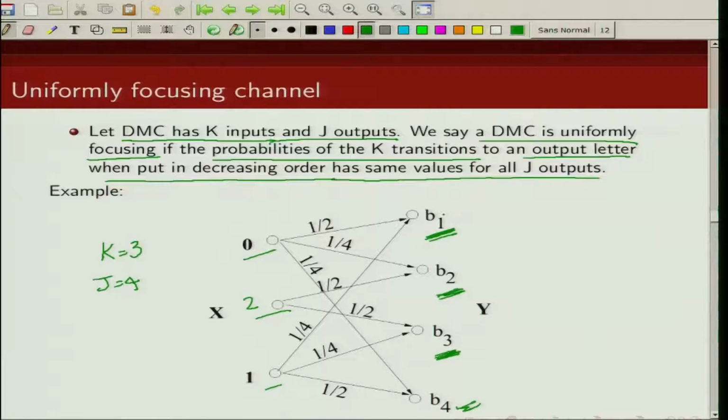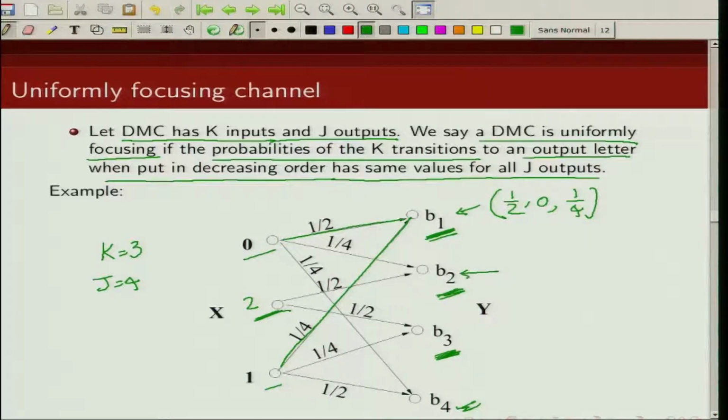Let's look at B1. The transition from here has probability half, the transition from this node is 0, and the transition from this has probability 1 by 4.